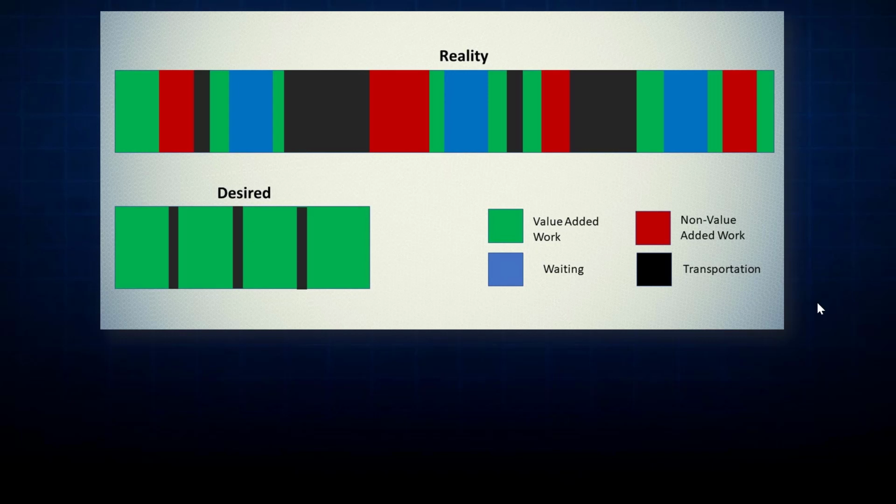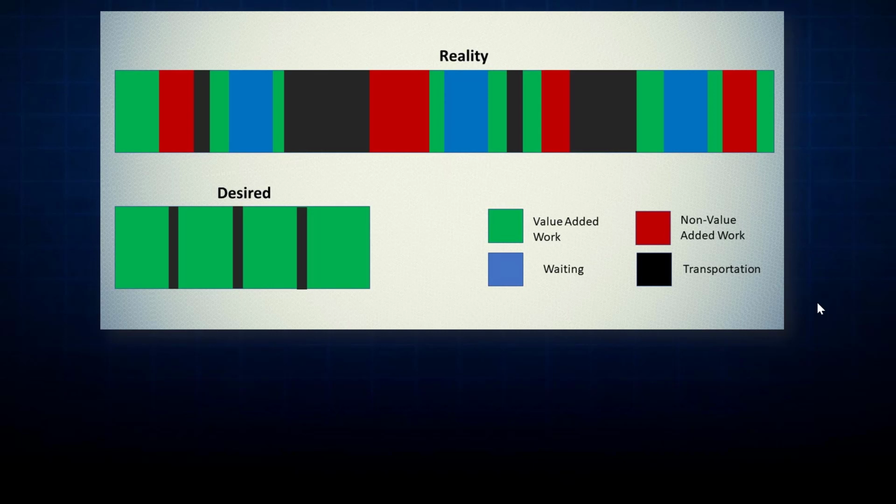First, let's try to understand what exactly velocity ratio is. What you can see in this picture is a process which has many types of activities, both value adding and non-value adding. That's what you can see as the reality on top. And at the bottom is a figure which shows the desired level of flow in any operations process.